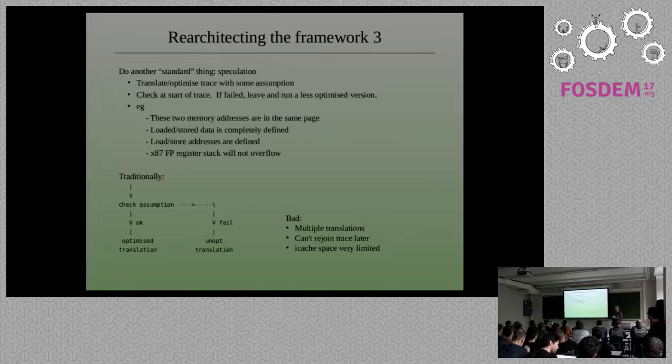What it means is that we do not try and make one translation of this code for all conditions, but we rather decide that we're going to specialize on some assumption about the block which will help us generate faster code. And then at the start of the block we're going to insert a check which decides whether this assumption is true, and if it's not, then we're going to have to find some other way to execute it by jumping out elsewhere.